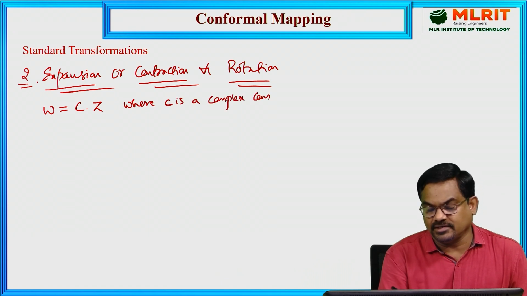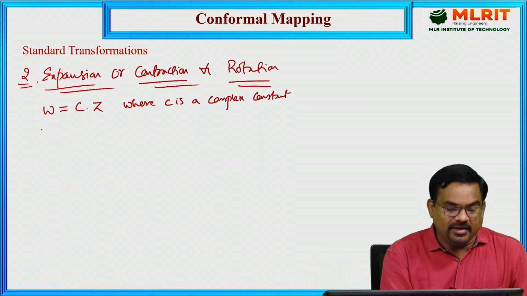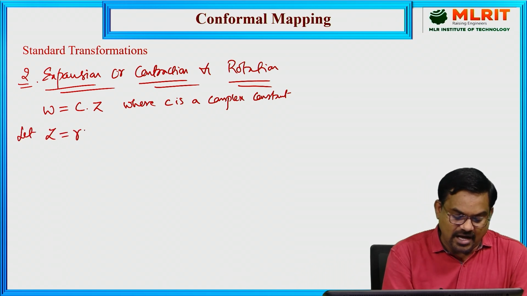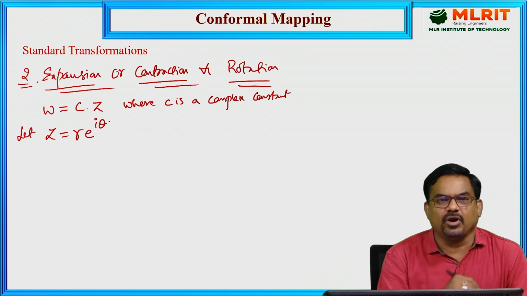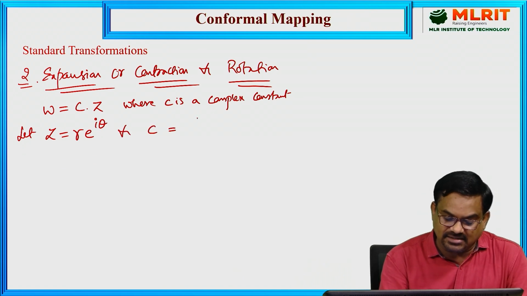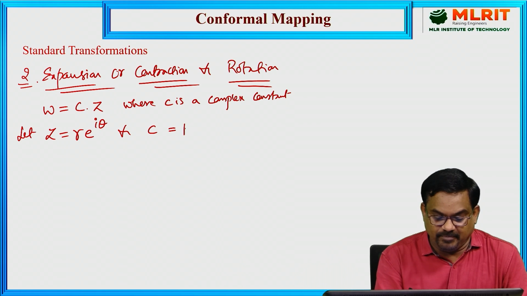Now let us consider Z as r e power i theta in polar form, and C as some beta e power i alpha.